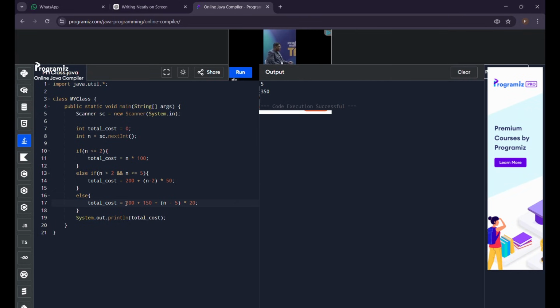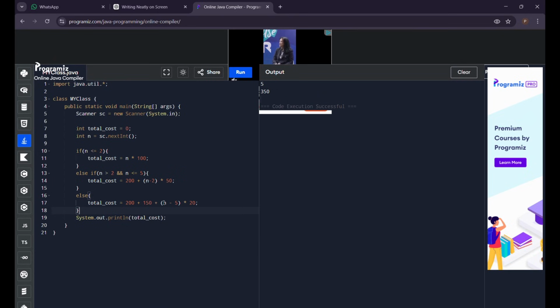Else, it is obvious that the total number of hours is greater than 5. At that time, two constants we are using, that is 200 and 150. 200 represents the total cost from the first condition, that is for the first 2 hours. 150 represents the total cost for the next 3 hours, that is greater than 2 and less than or equal to 5.